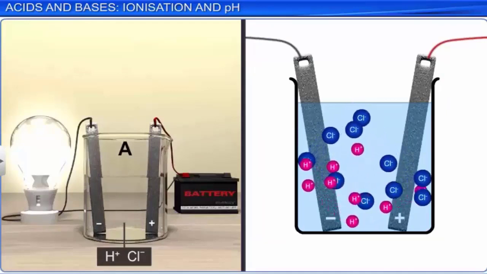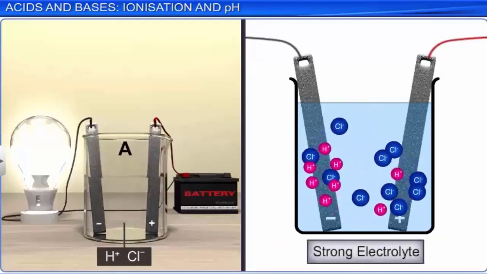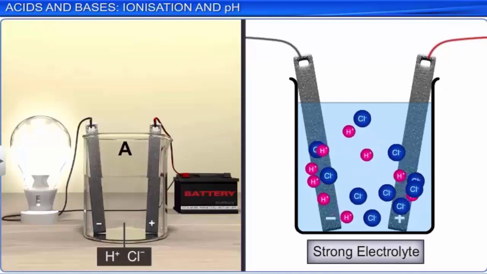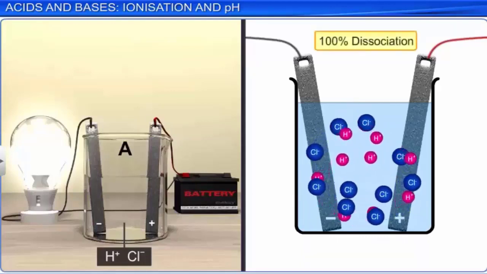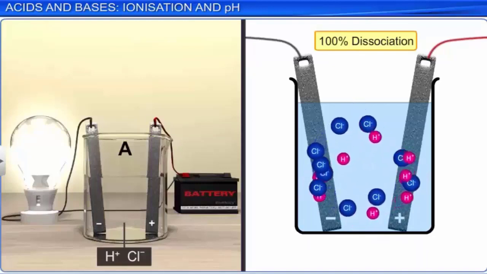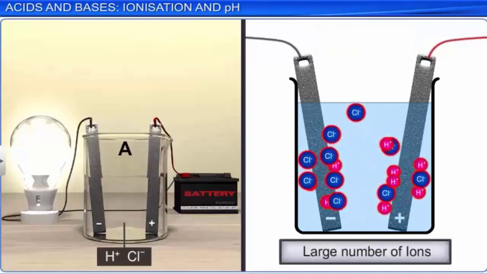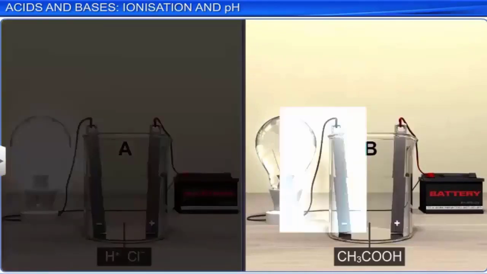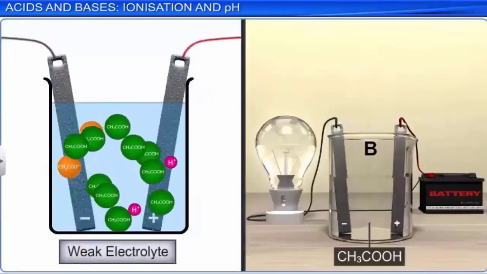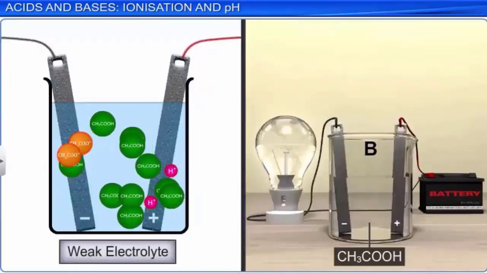HCl, being a strong electrolyte, undergoes almost 100% dissociation in water. As a result, the solution contains a large number of ions that help conduct electricity to a greater extent. Acetic acid, on the other hand, is a weak electrolyte and undergoes very little ionization.